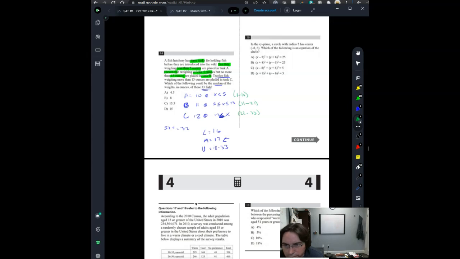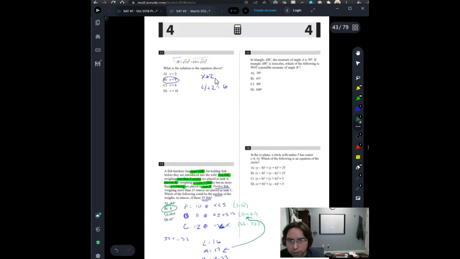So again, we're looking for the 17th value. The 17th value falls in this range right here, so it has to be between 5 and 13. The only one that fits that is B. This is very much like the pyramid question in our curriculum. It's just using some inequalities there.